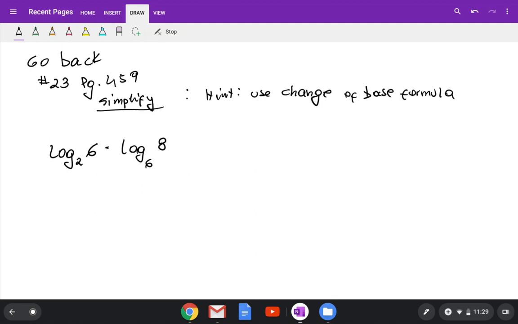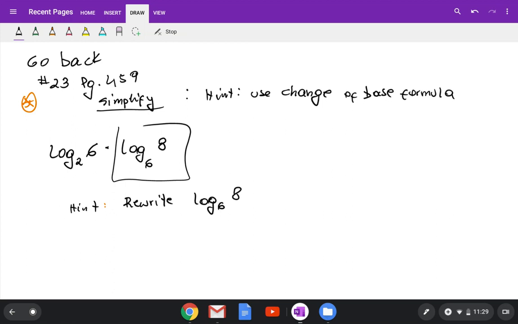So what I'm going to do here, I'm going to rewrite. So hint for this one, and I really like this problem, I will put a star, a little more challenge because we need to think a little bit here. Hint, rewrite log base 6 of 8 using change of base formula.